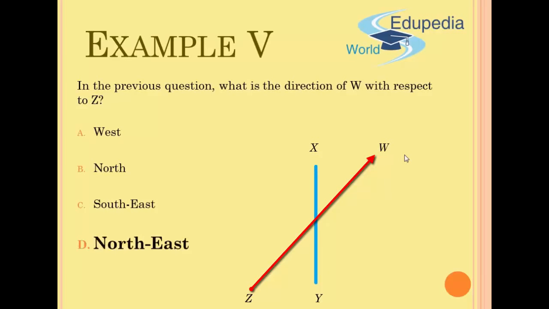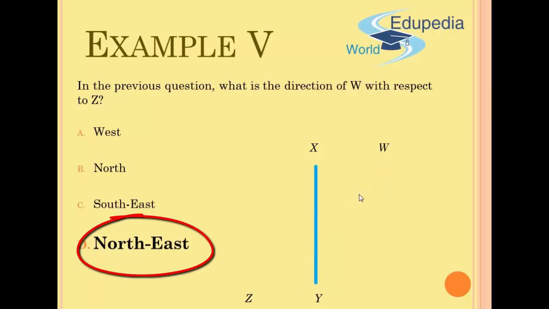You can place a compass where Z's position is, and if you look at W, then W will be where the compass is pointing towards the northeast. So we see that the direction changes with relative positions. From where W is standing, Z is in the southwest direction, but from where Z is standing, W is in the northeast direction. So these are the concepts and a few basic questions on direction sense.